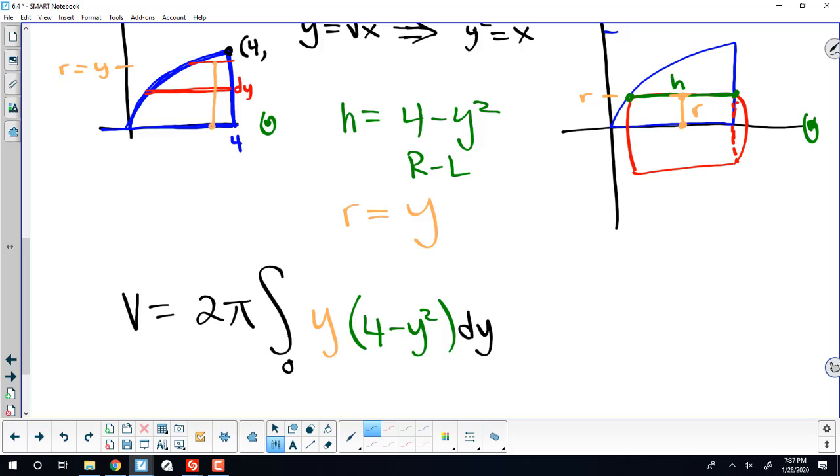Square root of 4 is 2. So 0 to 2. So there's 2 pi times our radius times our height for the shells. Again, you distribute that out, you've got powers of y's to integrate from 0 to 2 times your 2 pi. Any questions on the setup?